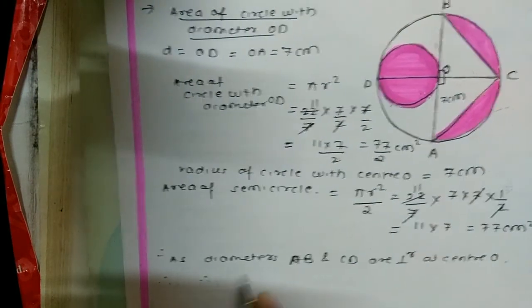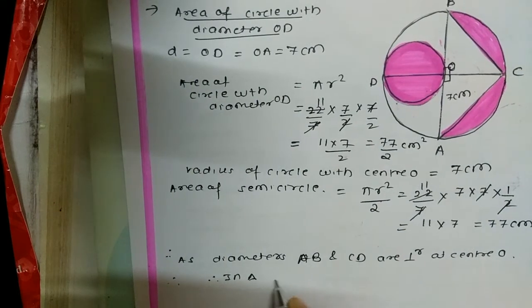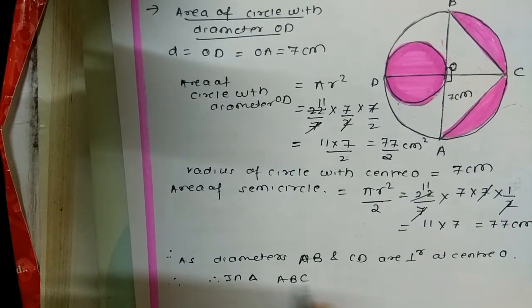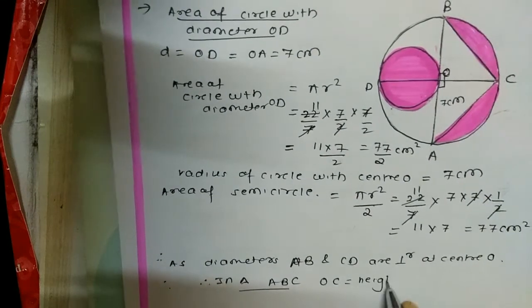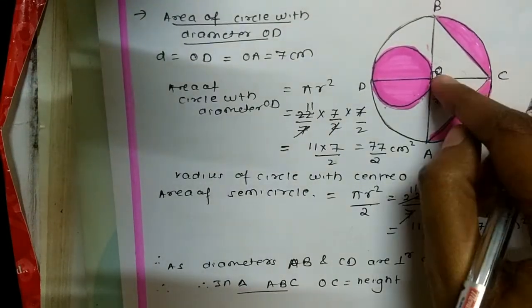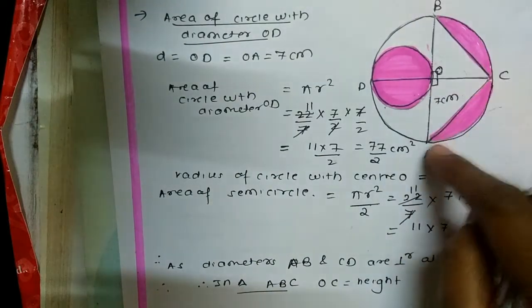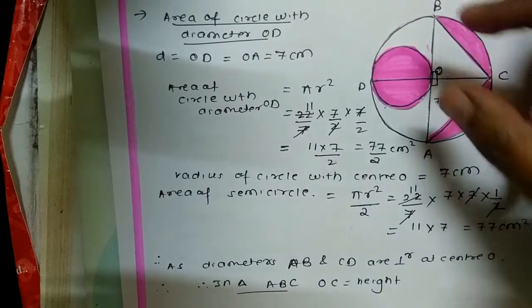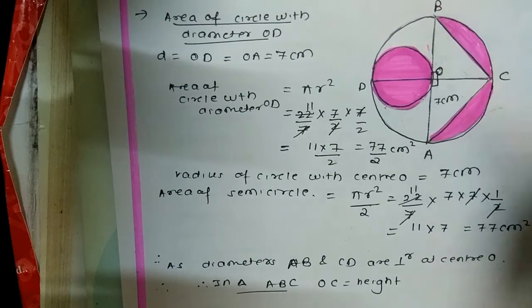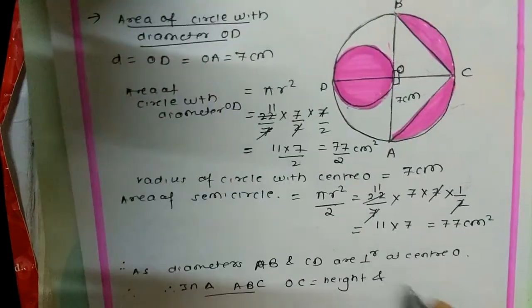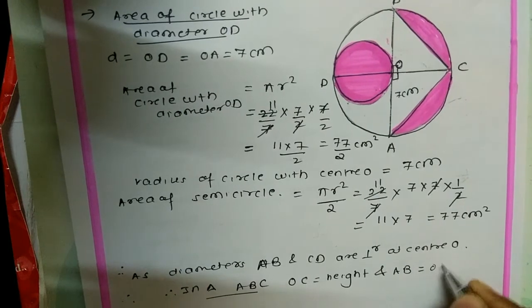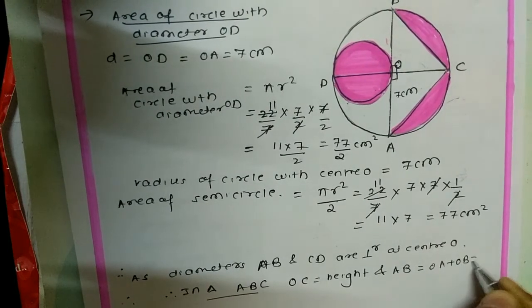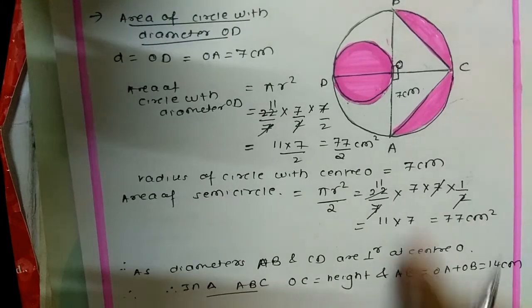So in triangle ABC, OC is the height, or you can take it as the altitude. This height is given. The base AB is also given because OA is 7, and OB is 7. So total AB, that is OA plus OB, is 14 centimeter.